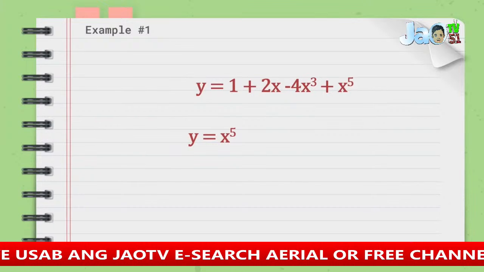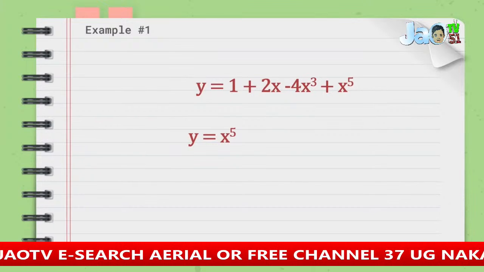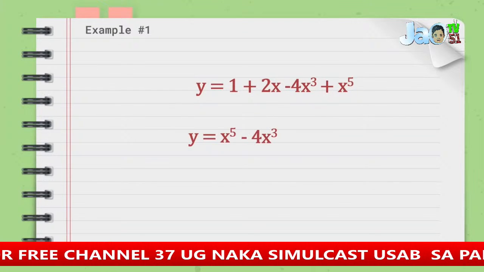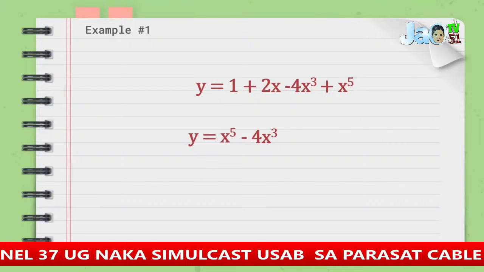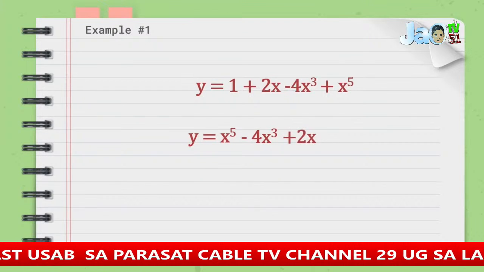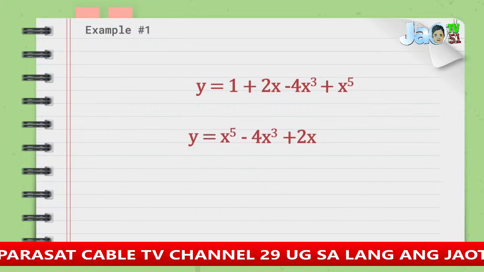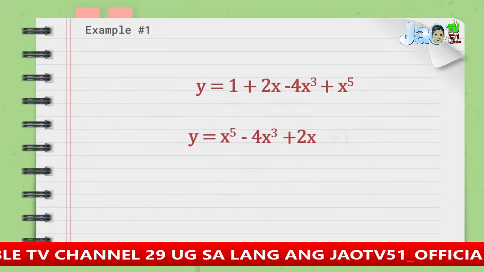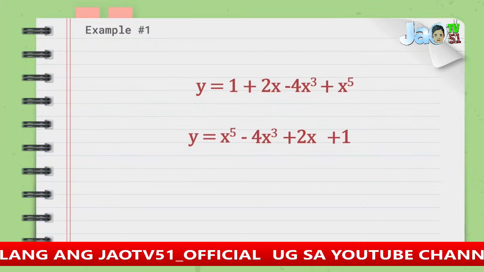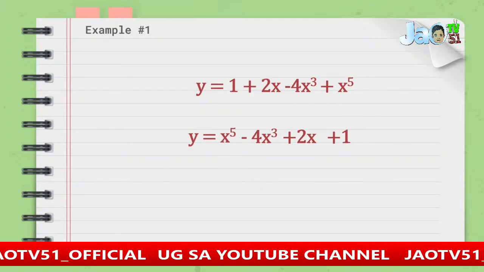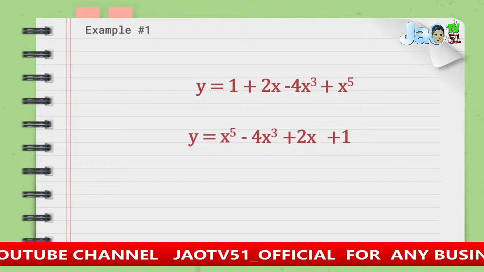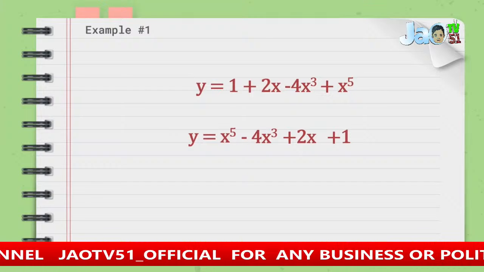Arrange the exponents in descending order so that the second term will be negative 4x cubed, which will be followed by 2x with 1 as its exponent. And 1 is the constant term, so it will be written last. Therefore, our polynomial function in standard form is y equals x to the power of 5 minus 4x cubed plus 2x plus 1.